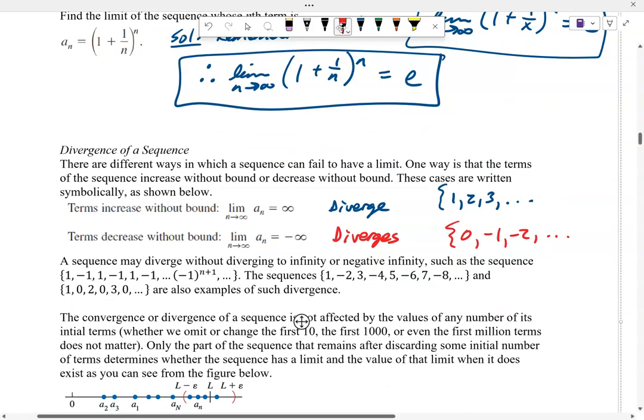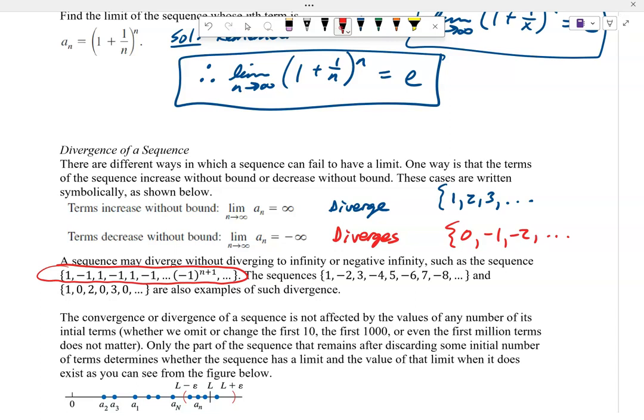Like this one, 1, -1, see right here, 1, -1, and so on. And you see how it just keeps bouncing back and forth between 1 and -1. And so you're just oscillating. So that's divergent, right? You're not converging to anything.